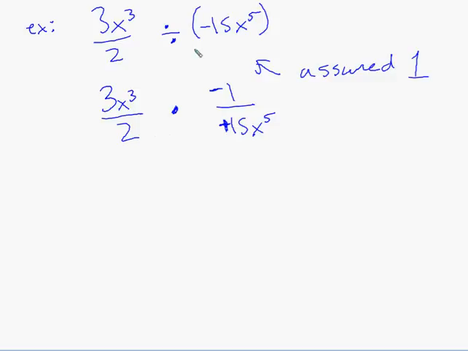Now that I have keep, flip, change, I can cross cancel, so I can cancel the 3 in the 15. The 3 becomes a 1, the 15 a 5. And the 2 and 1 don't. What about the x's? I can cross cancel them. I'll get x squared.